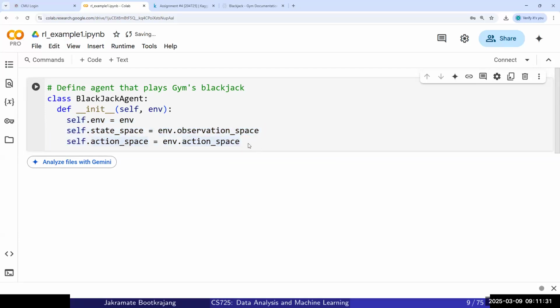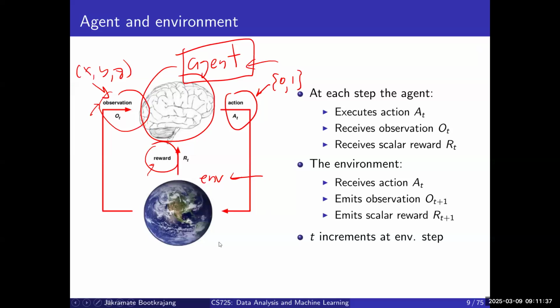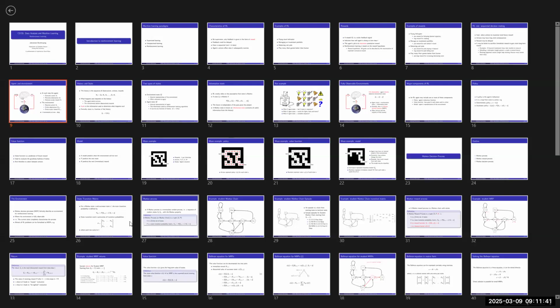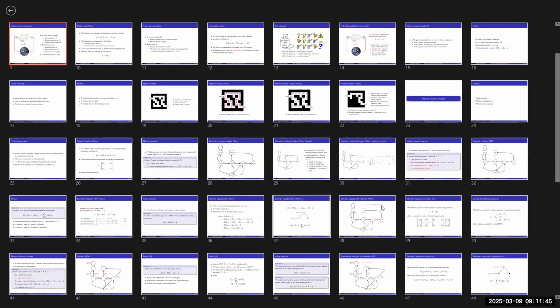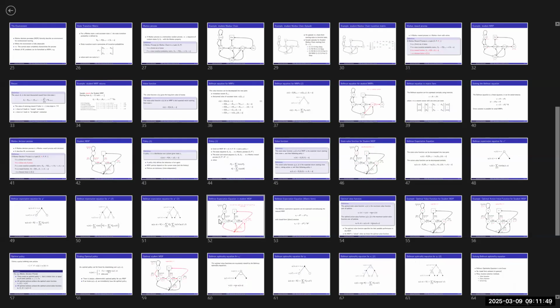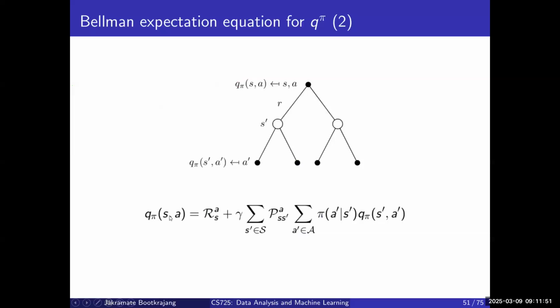And then we have to have the learning part. If we use what we learned, we want to use Q learning. Basically, it's this kind of equation.